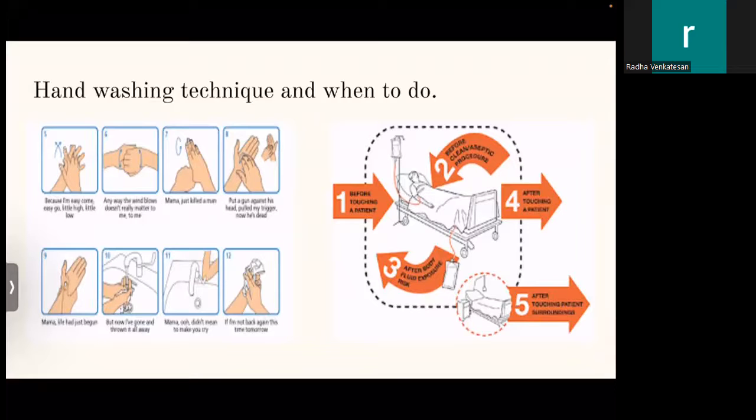As the picture says, rub in between your fingers, front and back, and wash it with soap and water. Make sure that your soap is off your hands, and then wipe it with a towel or a sheet. Especially with the current COVID condition, all of us have become very hygienic, and it's good.